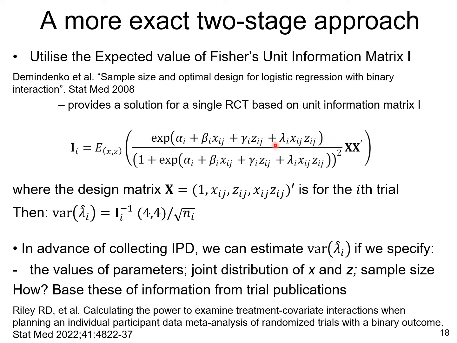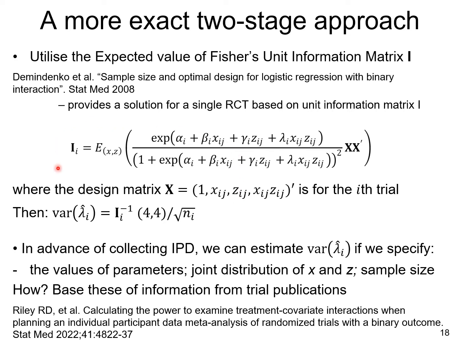So this is the linear predictor from a logistic regression equation with an intercept, the treatment effects, the prognostic effect of z, the covariate, and then again here's your interaction of interest. And it also depends on the design matrix X, which depends on the sample size of the study and the values of X, Z, and the interaction values for all the participants.